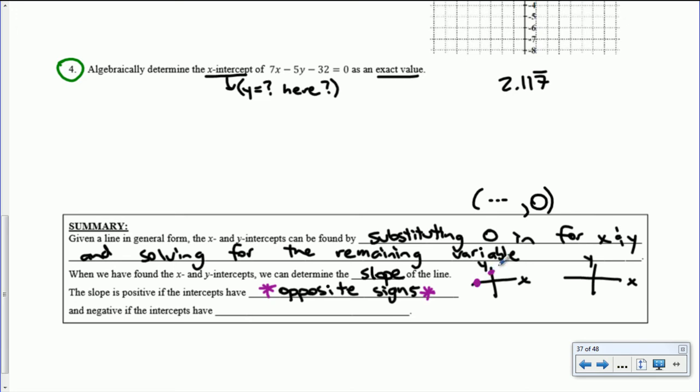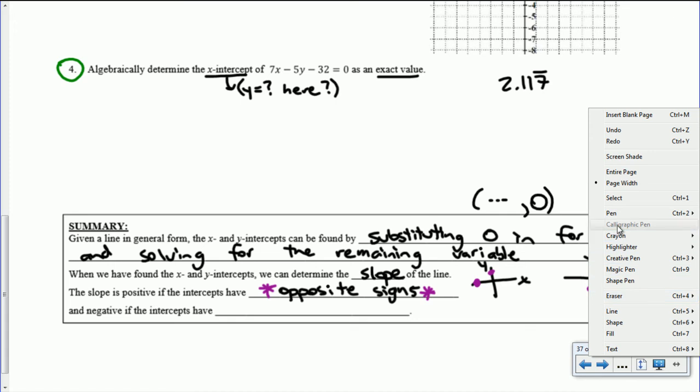So you can see if you connected those 2 points, that would be a positive slope. And different if the x was a positive intercept. If x is positive, y is negative, so that's an opposite sign. And you can see if I connected those 2 points, that would be a positive slope as well.